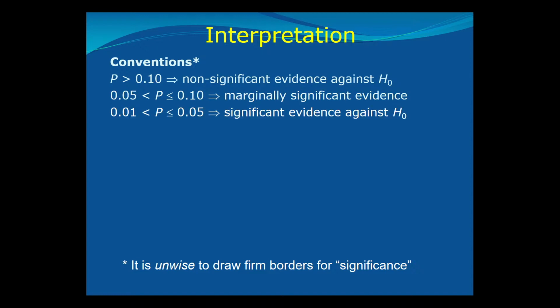If the p-value varies from 0.01 to 0.05, our conclusion is significant evidence against H0. And there is highly significant evidence against H0. We can make this conclusion if the p-value is less than or equal to 0.01.